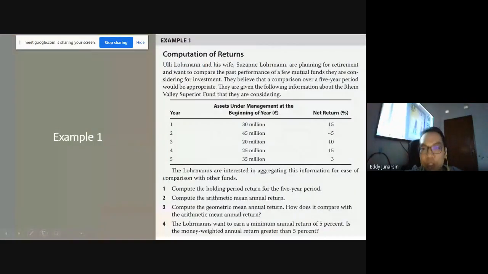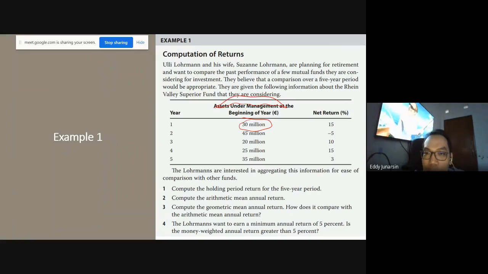Here, computation of returns, you see the situation here. We started from 30 million, the AUM, assets under management, at the beginning of year. Beginning of year means end of the previous year, so beginning of year 1 means the end of year 0. So 30 million.